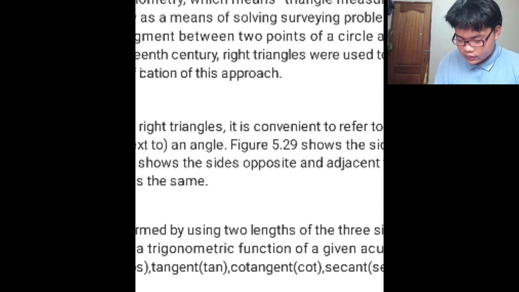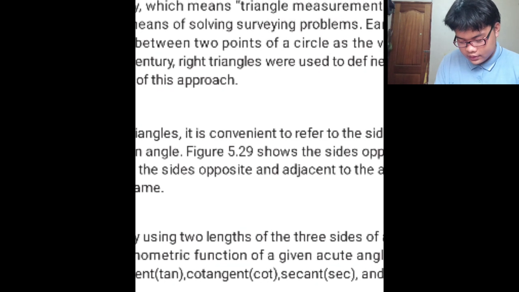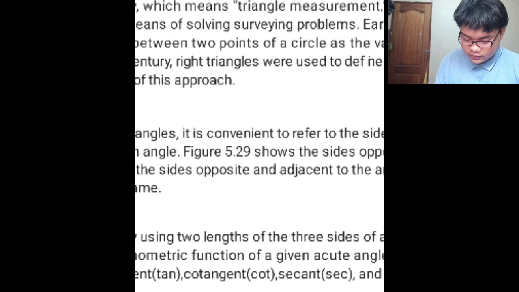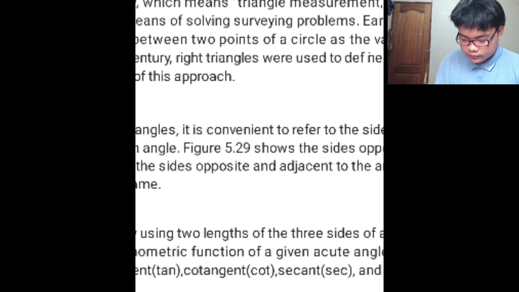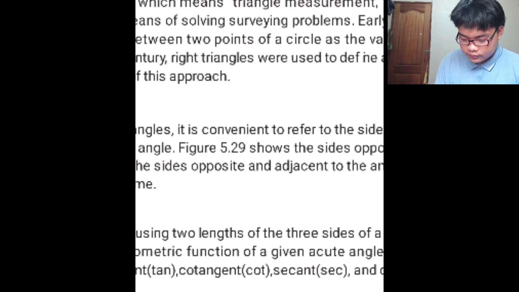When working with right triangles, it is convenient to refer to the side opposite an angle or the side adjacent to, next to, an angle.